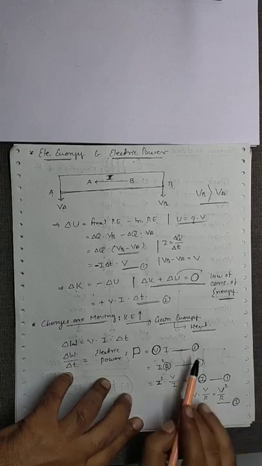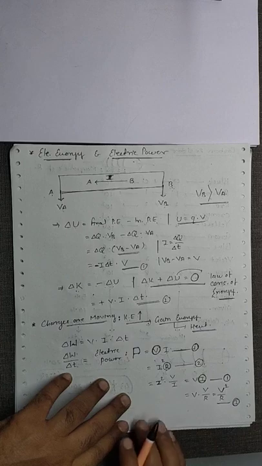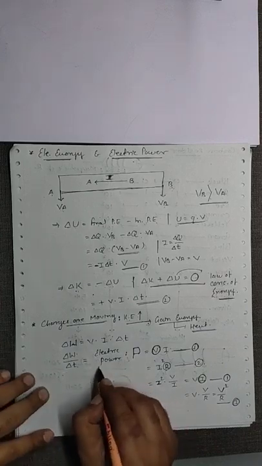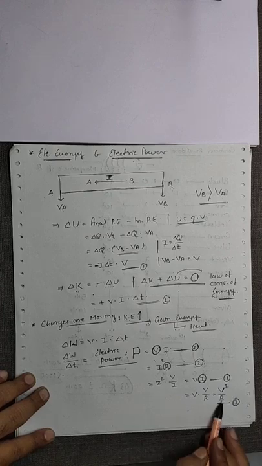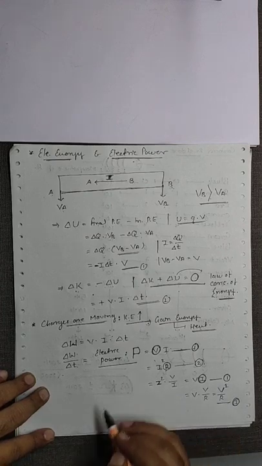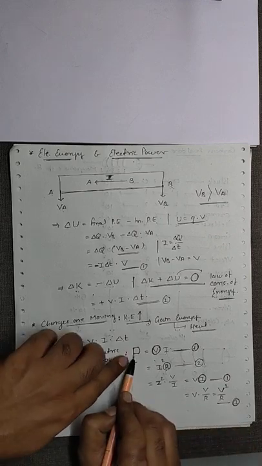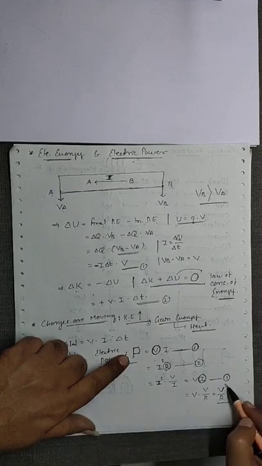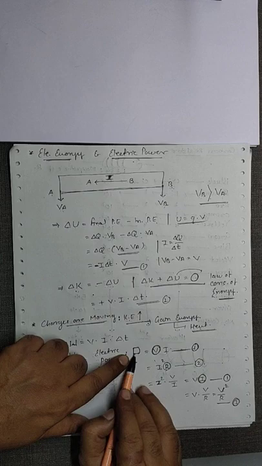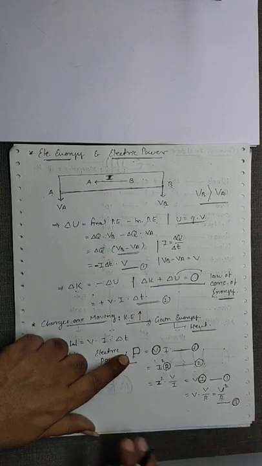So equations 1, 2 and 3 are the different forms of electric power. Equation number 3 shows that electric power P is directly proportional to the square of the electric potential, but inversely proportional to R, resistance.